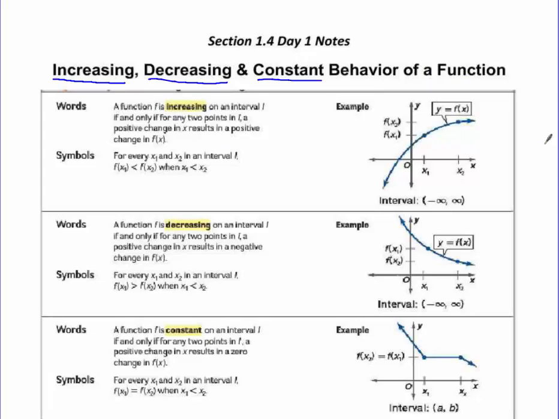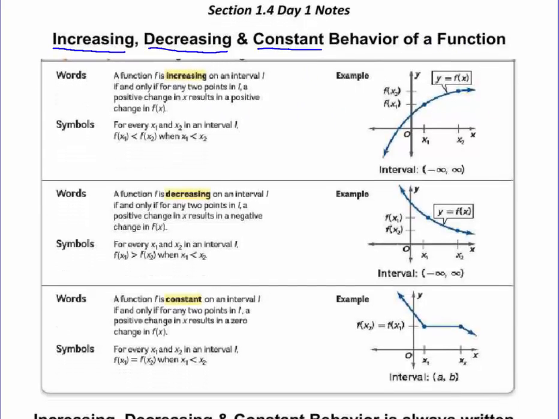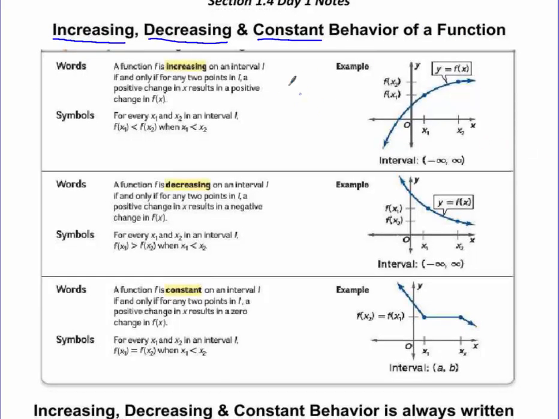So the first thing we need to do is learn what these three words mean and try to make it as simple as possible. So a function is increasing on an interval. That just means from a certain point on the x-axis to another point on the x-axis. So in this picture, this function is increasing from x1 to x2. But a function is increasing if for any 2 points a positive change in x results in a positive change in f of x.